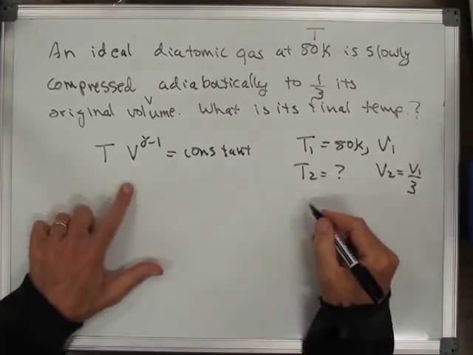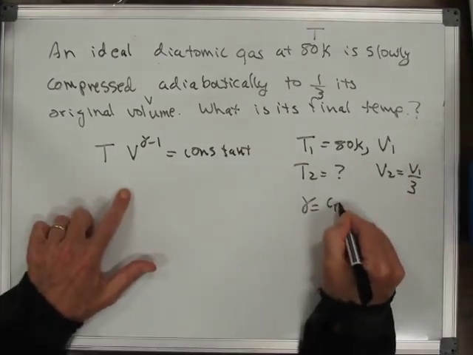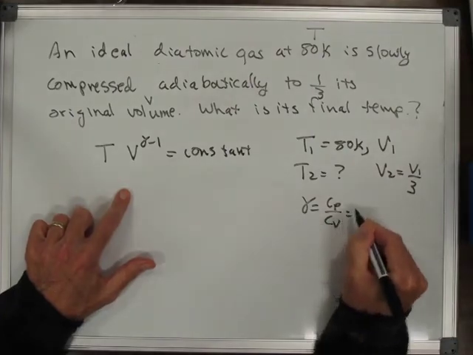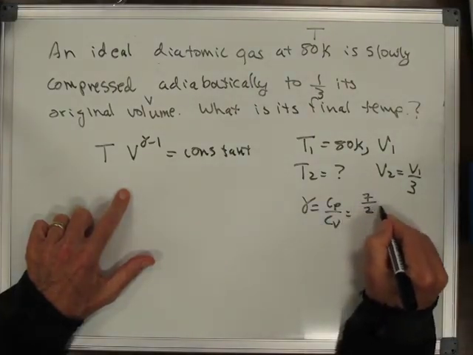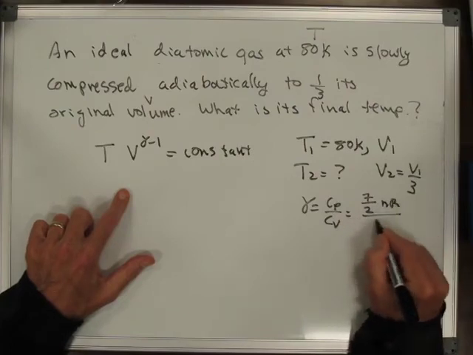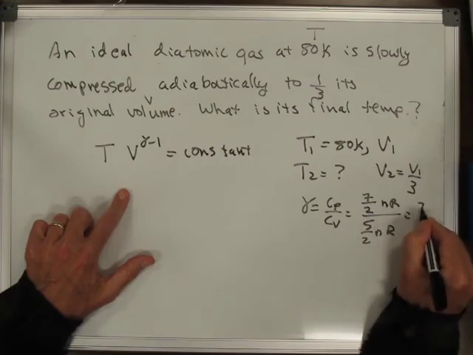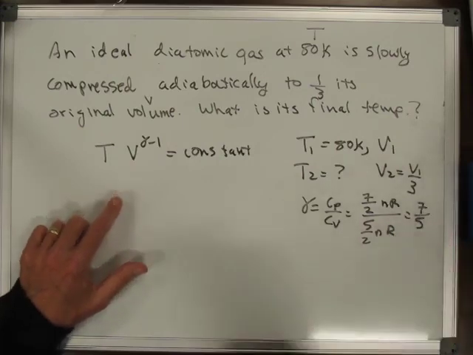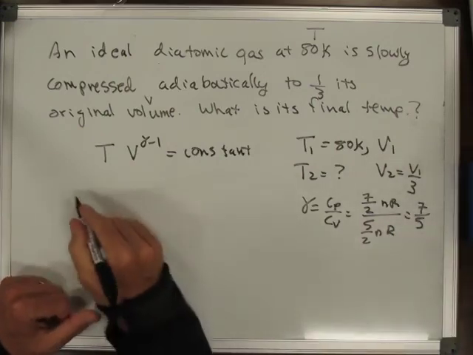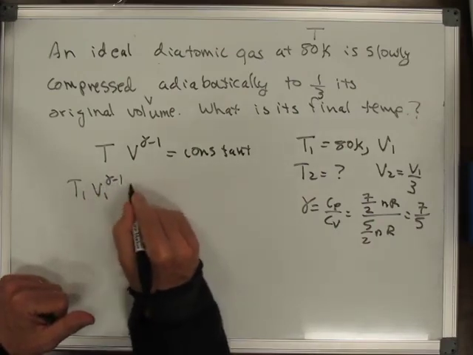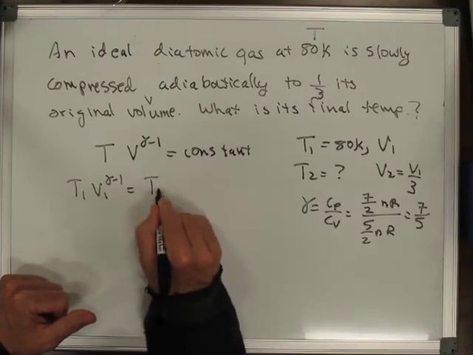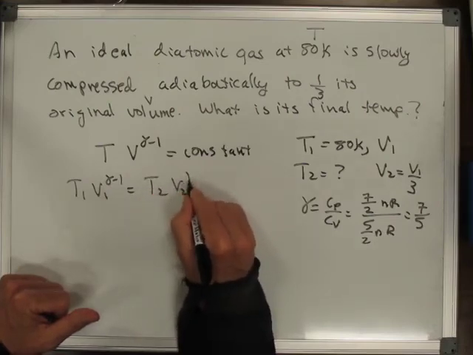I also know that gamma, which is CP over CV, is 7 halves nR over 5 halves nR, because it's a diatomic, which is just 7/5 or 1.4. And so now I can say, look, T1 V1 to the gamma minus 1 is equal to T2 V2 to the gamma minus 1.